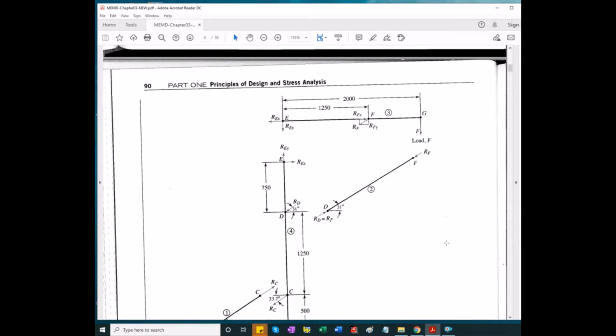An alternative is to just do free body diagrams of the links and write equilibrium equations, starting with the loaded boom, link number 3, where you know the direction of the reaction at F. Again, summing moments about point E, point F, and then there's force equilibrium in the X and Y directions, and there will be enough information to calculate the reactions.